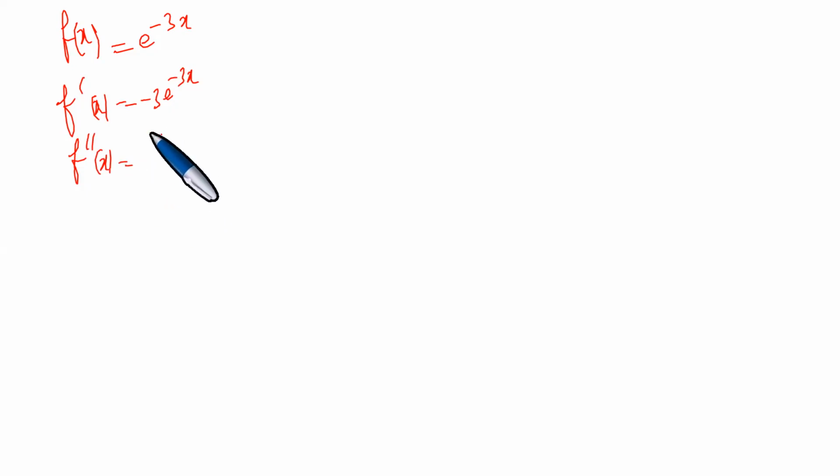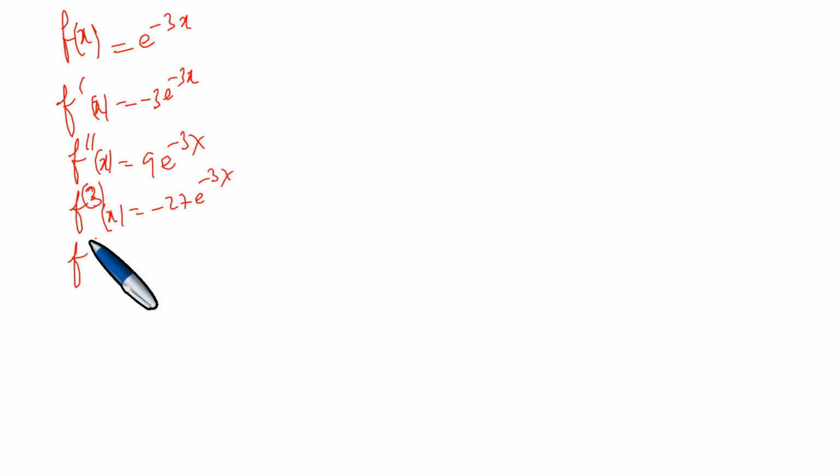The derivative of the exponent is minus 3, so you multiply, and it becomes 9. Then 3 by 27, it's 81.